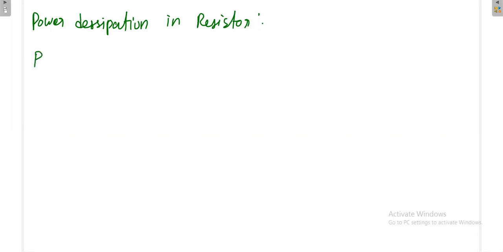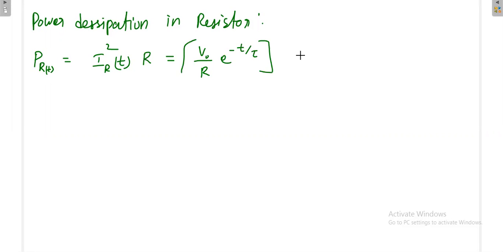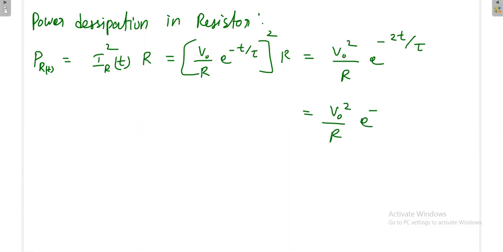So the power across the resistance is equal to the time varying current across the resistance squared, multiplied with the resistance. What is the time varying current? The time varying current is simply V naught divided by R, e power minus t by tau, whole square into R. And again this is V naught square divided by R, e power minus 2t by tau, or otherwise V naught square by R, e power minus t by tau by 2.